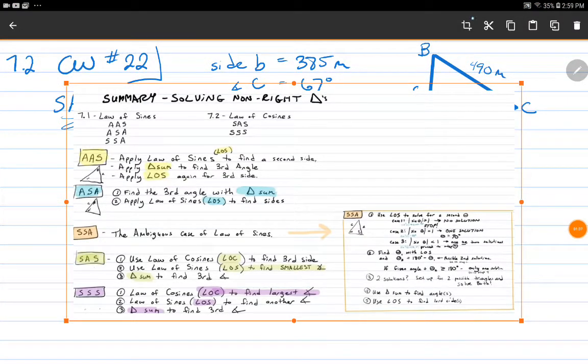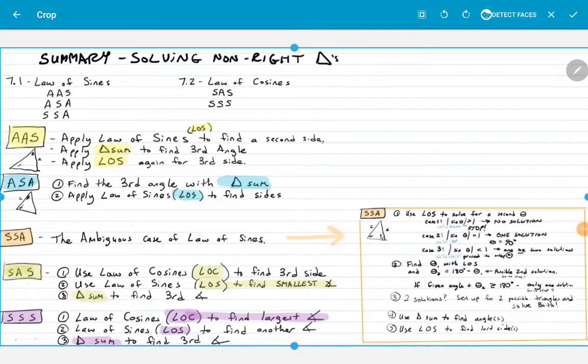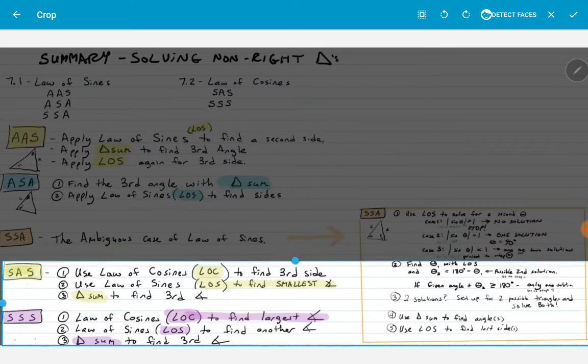For my little summary here, I'm going to focus in on the side angle side triangle.